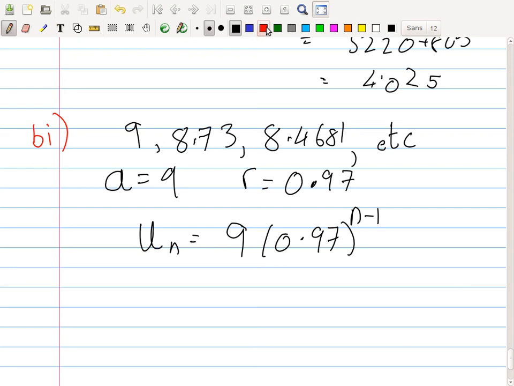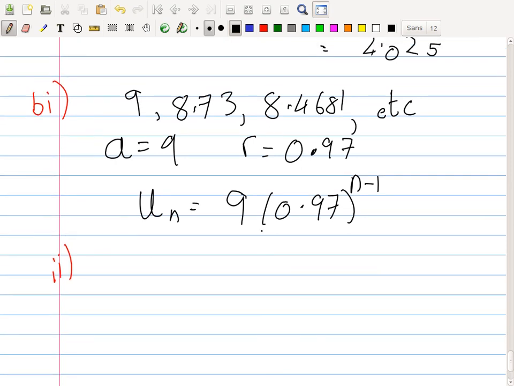That's really it. 1 mark though. So part 2 is calculate the sum. So again, straightforward. The sum, do you remember the sum for GP? It's a times 1 minus r to the n, all over 1 minus r.